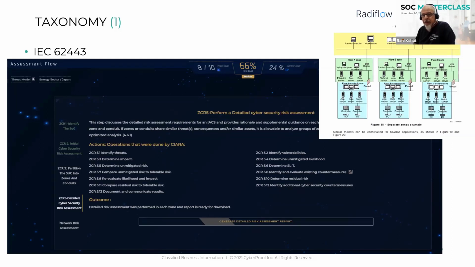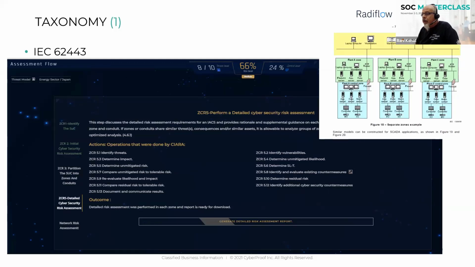This service or this user is crossing zones now, going from a low-level security assurance level box to another one with a higher security assurance level, and we ask why. That is part of our mission: to understand the contextual information, not just the technical information.